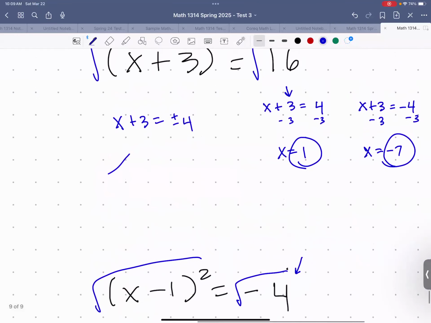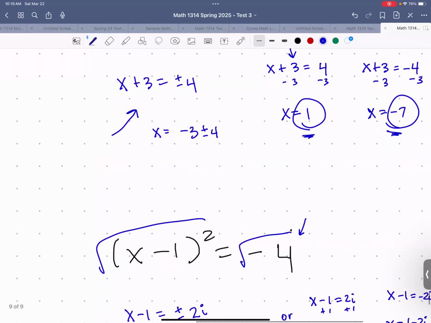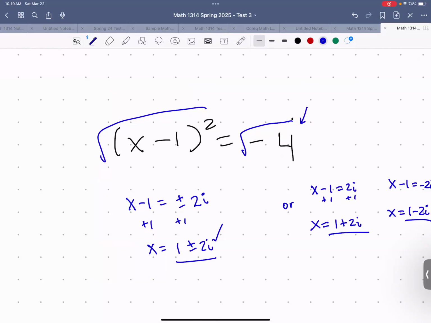Whereas over here on this problem, if we had tried to leave it as, say, x equals -3 plus or minus 4, because -3 and 4 are numbers we can combine, we can't leave it this way. We actually have to combine them by adding or subtracting them to get their overall integer values of 1 and -7. But here, since we can't combine them, we could just leave it and it would be fine.